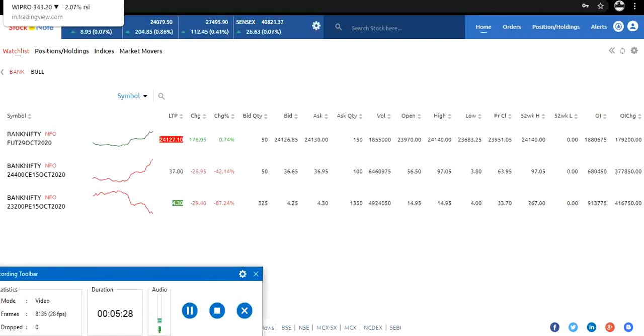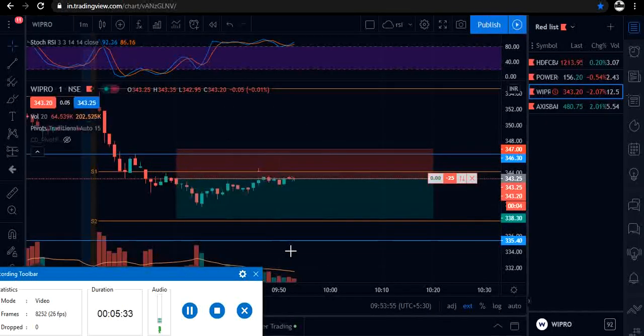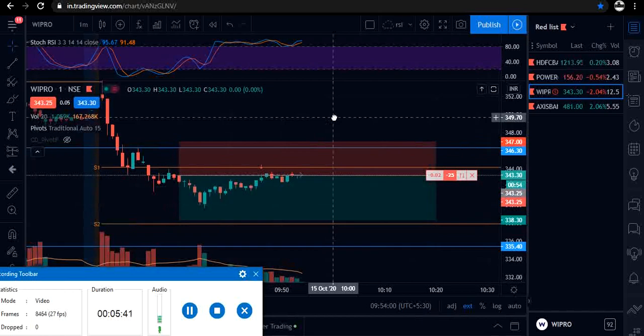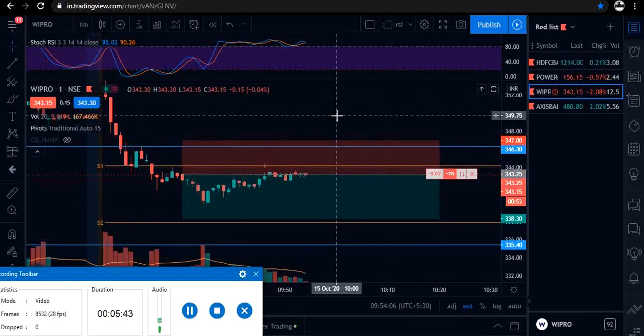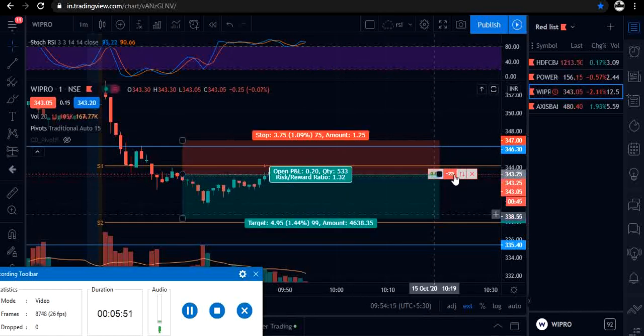Till then, let us come on to our Wipro trade, that is equity. Here you can see traders that we have entered the trade, but the downside momentum has gone, but still there are chances that it can again come downside to hit the target. So let's place the target and stop loss orders, so that we will be free from this side.